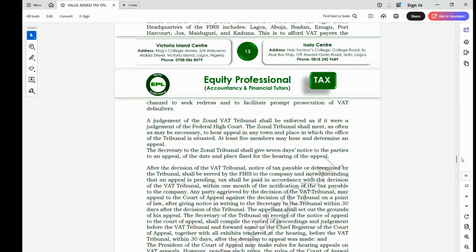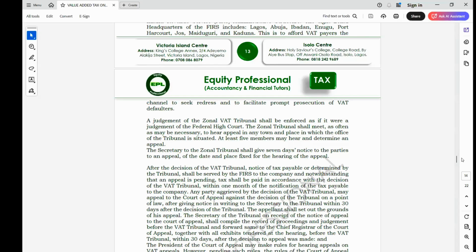So the judgment made by the tribunal is as if a Federal High Court is giving you a judgment. After the judgment, if the taxpayer is okay with it, the taxpayer will pay the tax. The tribunal will now mandate FIRS to issue a revised assessment, which the taxpayer will pay.